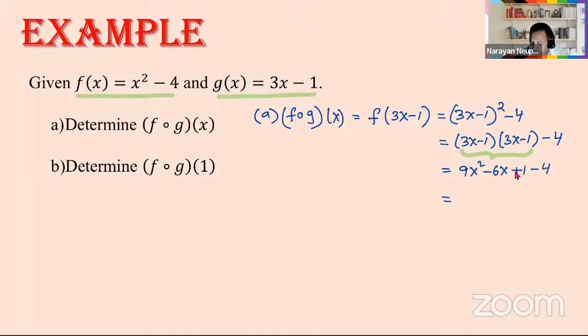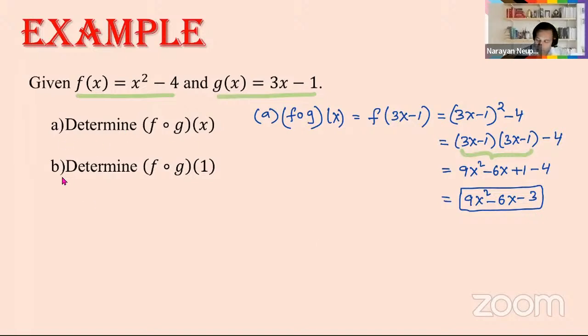When you simplify, you get 9x squared minus 6x minus 3. So that is the composition of the function, f o g of x. That is our first part.